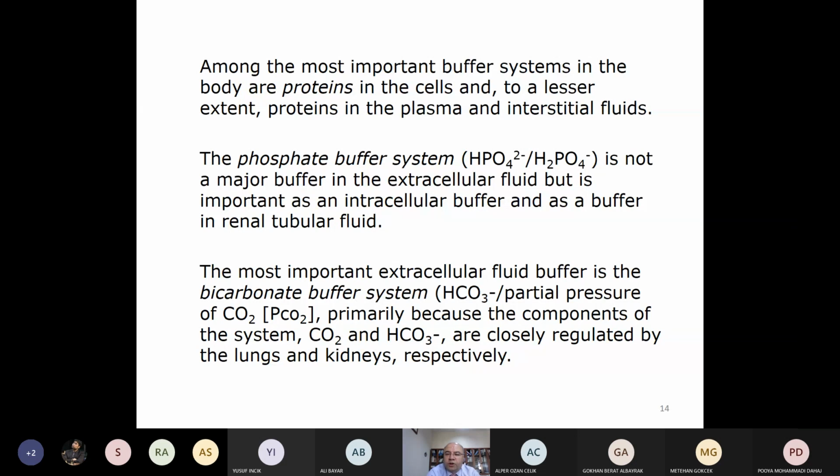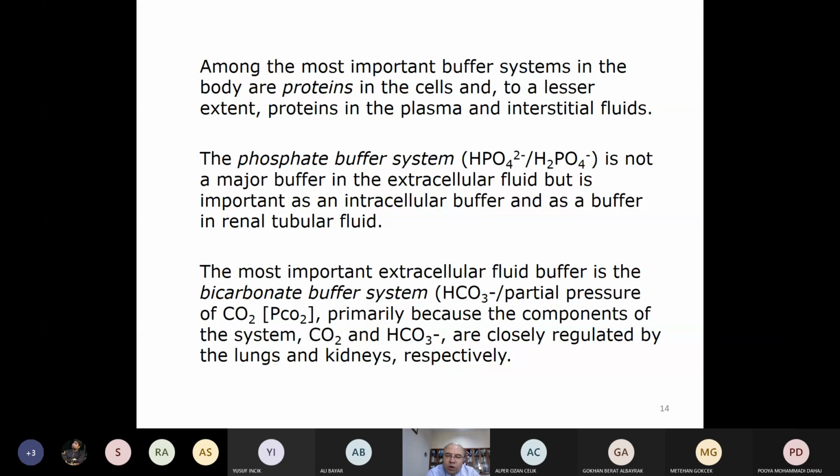The most important extracellular fluid buffer is the bicarbonate buffer system, primarily because the components of this system, carbon dioxide and bicarbonate, are regulated by lungs and kidneys.